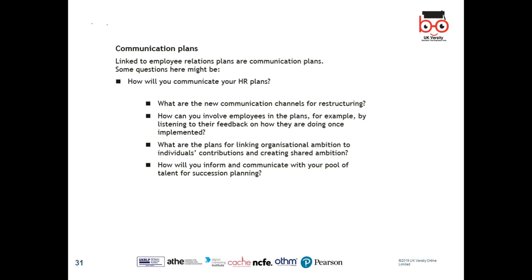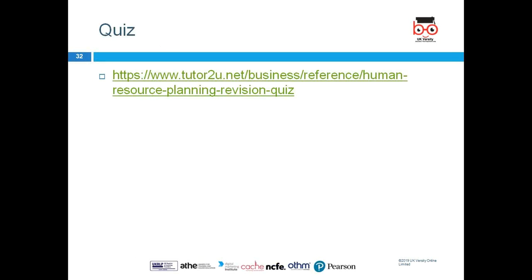We make the HR plan focus on the low level of staff as well. We give clear representation on our board and in the executive committee. We need to make sure how you will inform and communicate with your pool of talent, and succession planning. We need to make sure the HR plan is everything in place.